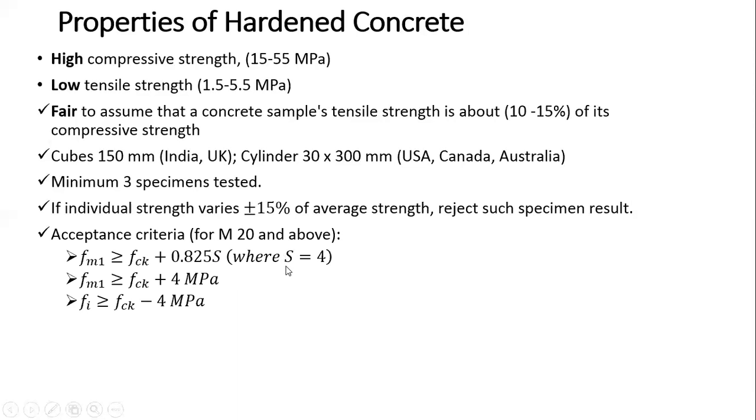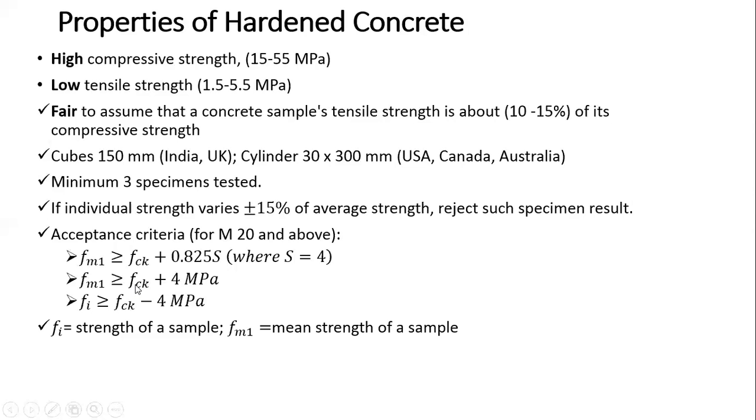For M20 concrete, S is equal to 4. Fi is the strength of any individual sample, and Fm is the mean strength of the samples. So the first criterion of acceptance is that the mean strength is greater than or equal to Fck plus 0.825 times the standard deviation, which is 4.